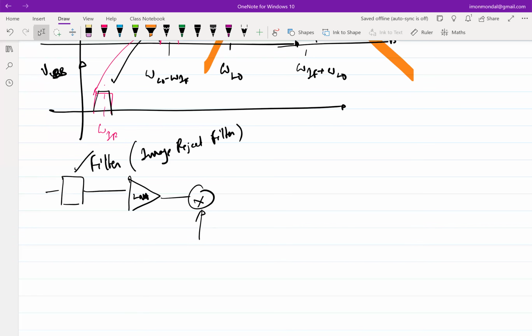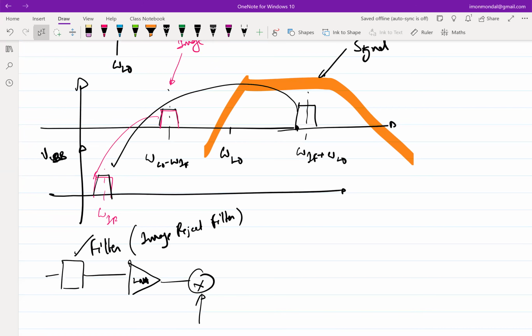So another problem of putting the image reject filter upfront is this. Whatever I have told till now is assuming there is a signal at the image frequency. But not only signal, there will be noise at the image frequency, whether you like it or not, right? So essentially, you are going to have noise here, you're going to have noise there, and both these noises are going to fold back.